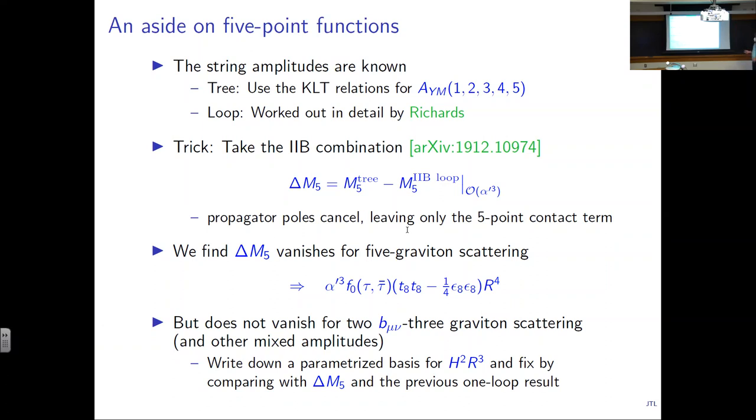So you take the subtraction, and the difference between tree and loop amplitudes is a contact term only. And now it's easier to just recreate an effective Lagrangian, reproducing those contact term S matrix elements.